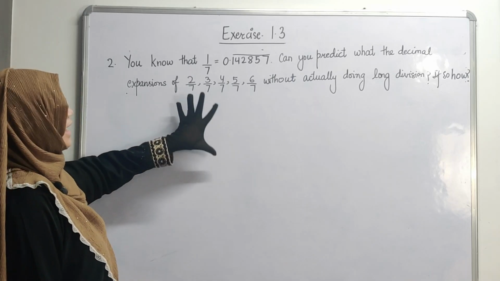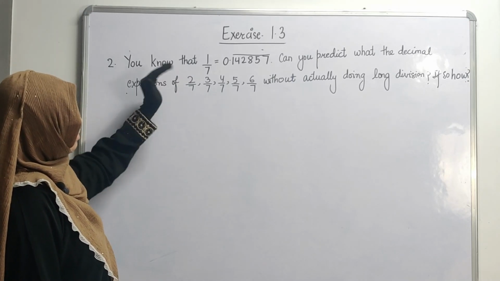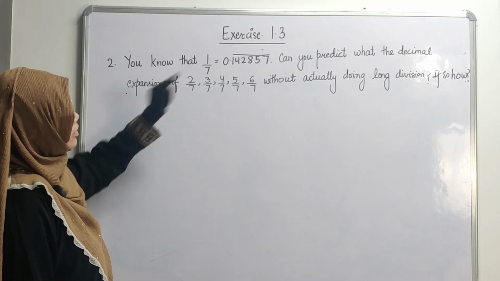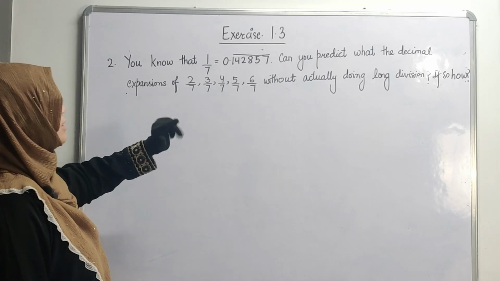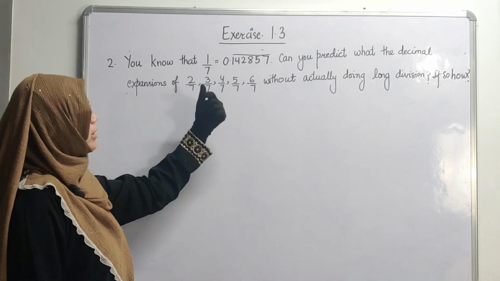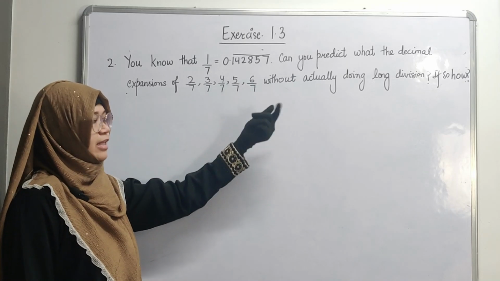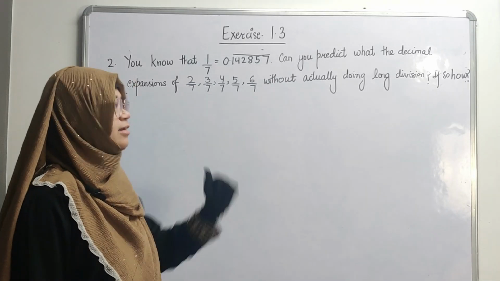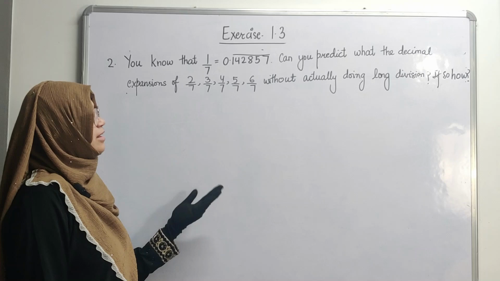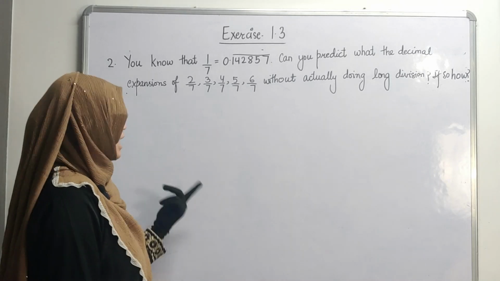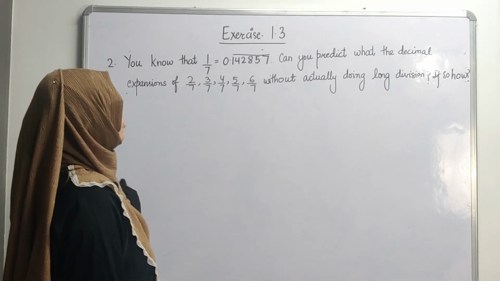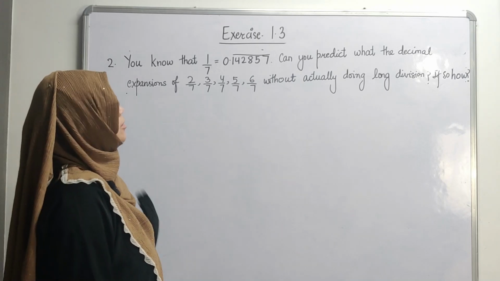In the question, we have already got the decimal expansion of 1 upon 7. 1 upon 7 is equals to 0.142857 bar. What we have done in question number 1, bar हमारा कहाँ लगता है? Where the numbers are repeating.